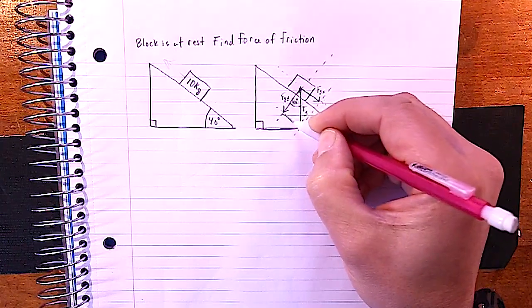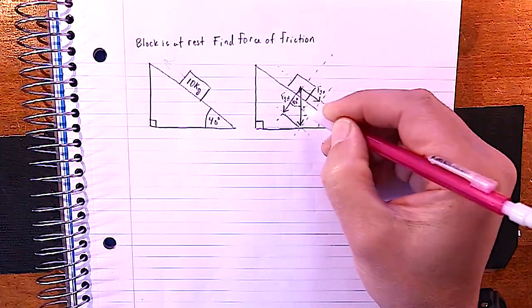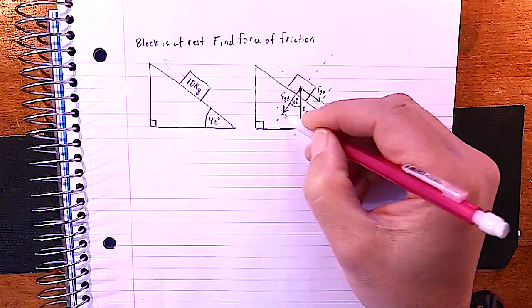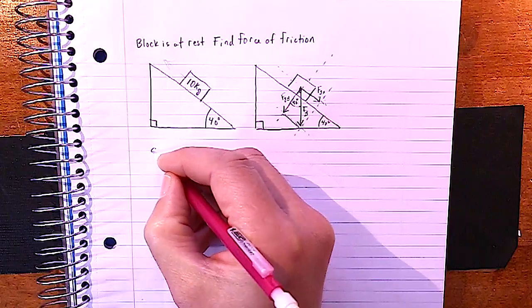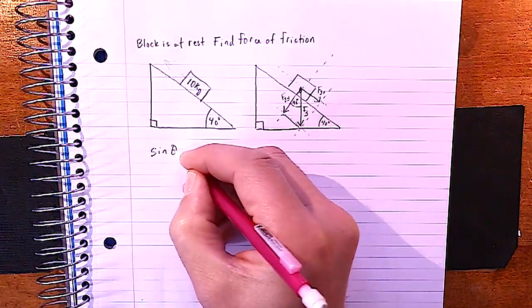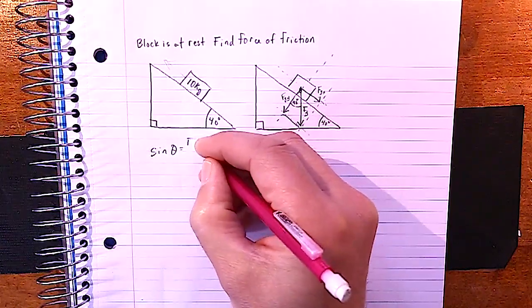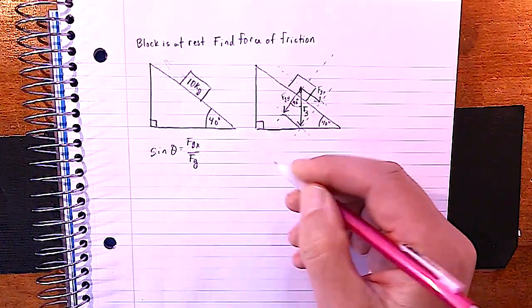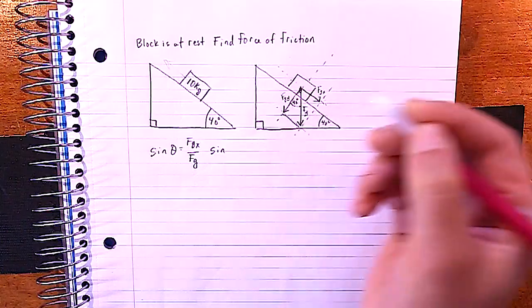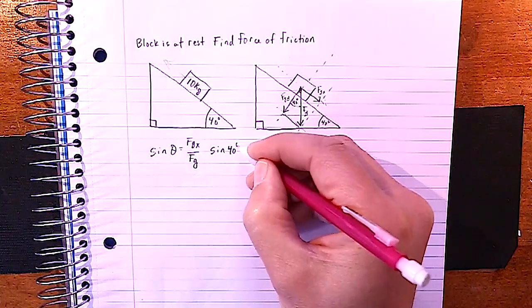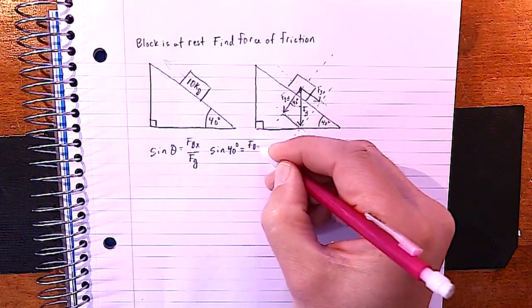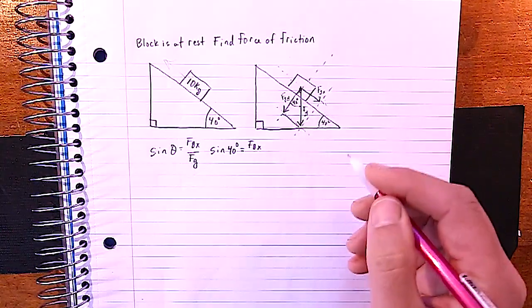We have our rectangle, we've broken our FG up into FGY and FGX, and our FGX is this opposite side here, so we're going to use sine. So sine theta equals opposite, which is our FGX, over FG. And we have sine of 40 is equal to FGX over force of gravity.